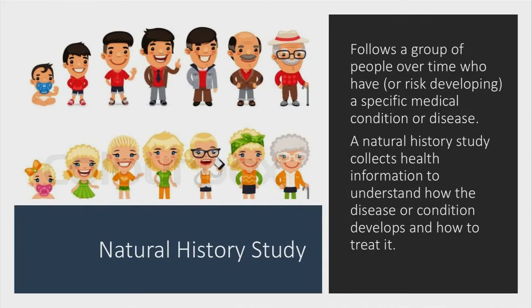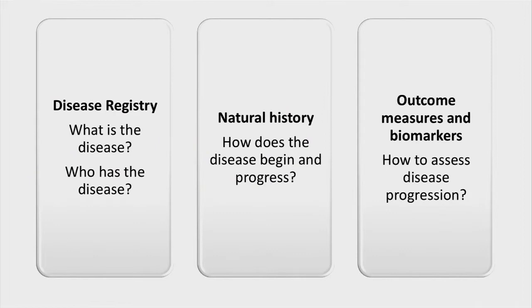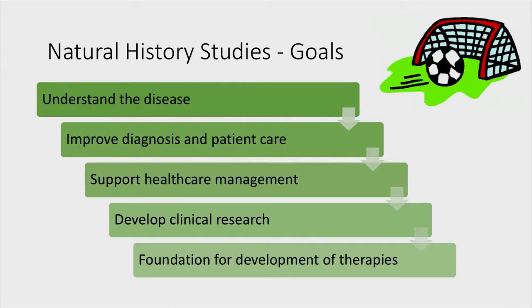A natural history study follows a group of people over time who have a specific medical disease, and they collect information to understand how a disease or condition develops. And hopefully also it will incorporate outcome measures and biomarkers, and we heard from Dan about wanting desperately to get biomarkers. What are our goals?